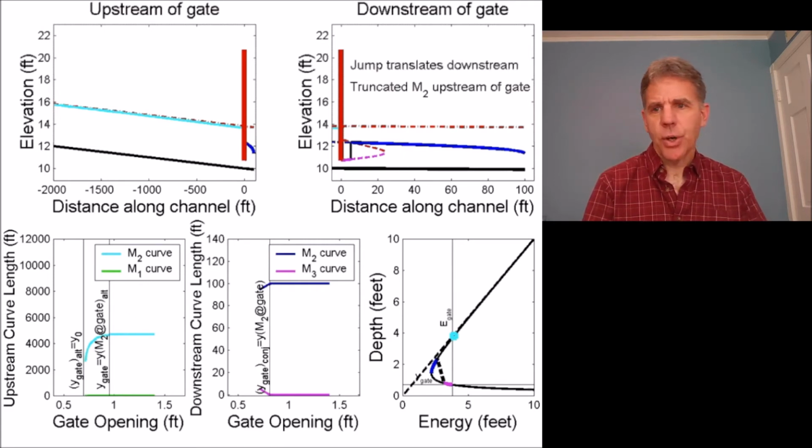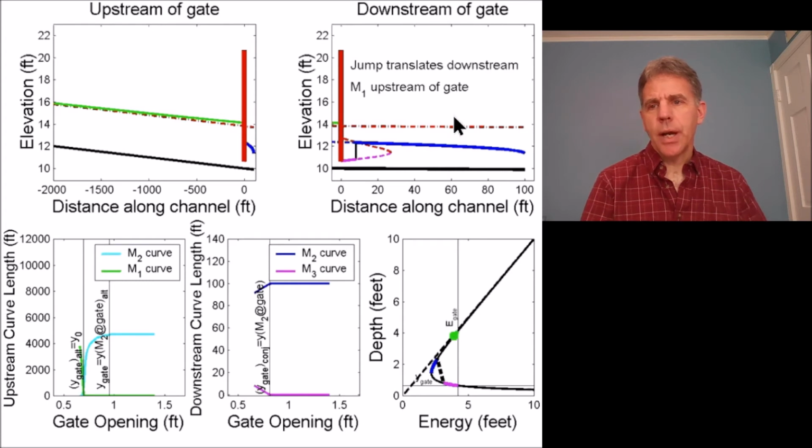Let's let the animation go forward a little bit more, and there we have crossed into a new regime. You can see now that upstream of the gate, the curve is painted in green and that it resides above normal depth. That is to reflect that we now have an M1 curve upstream of the gate, and the jump moving further downstream.